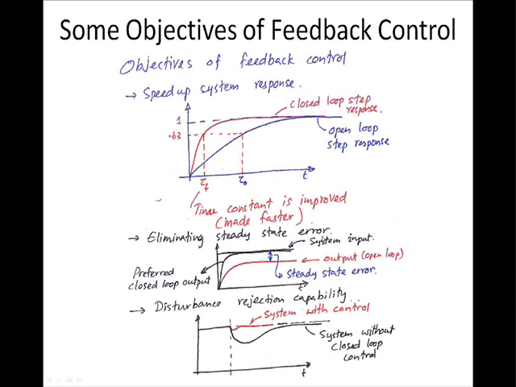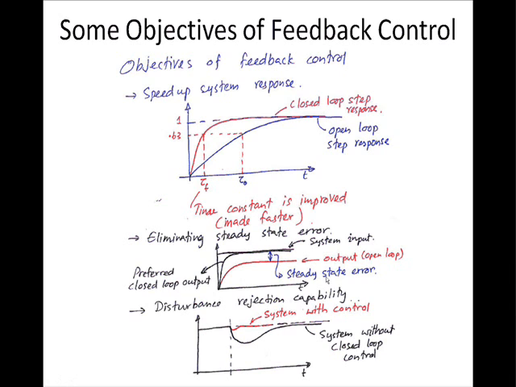And then another objective would be to eliminate steady state error. This is your step input. Your open loop step response can undergo a certain transient period and reach a certain value, but which is not the input value at steady state. So then the error between the two, input and the output, is called the steady state error.